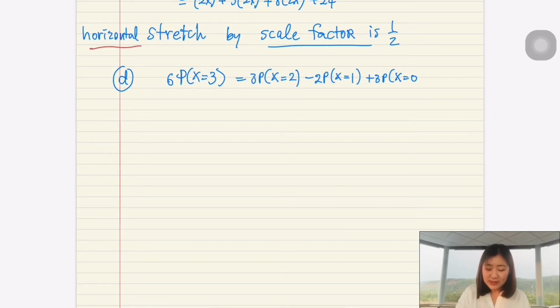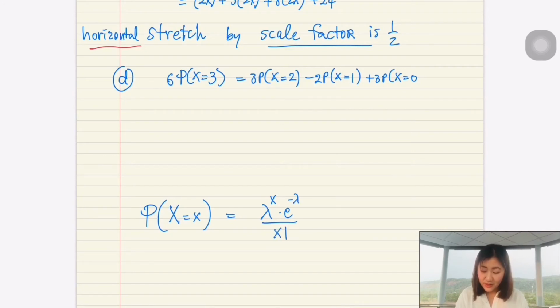What is Poisson probability? Here, if random variable x equals small x, the formula would be lambda to the power of x times e to minus lambda over x factorial. All right, so we replace it in.